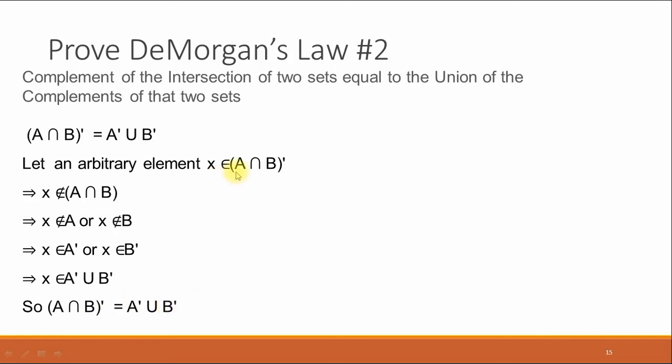Since x is an element of (A ∩ B)', and here we prove that x is an element of A' ∪ B'.